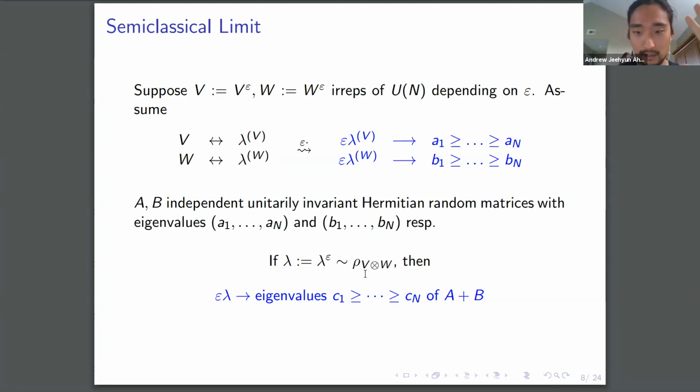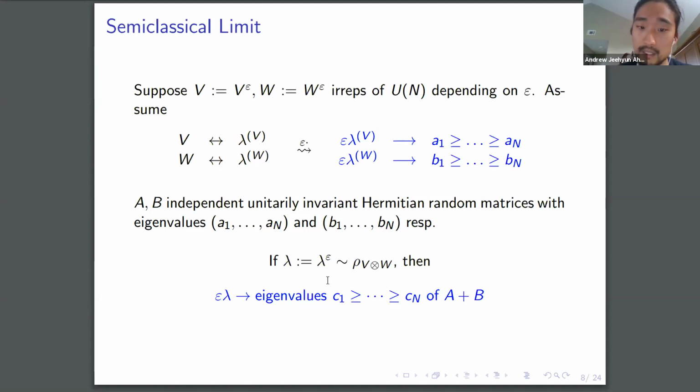So let me repeat that. That was a little quick, but if we assume that the signatures associated to V and W, as epsilon tends to 0, converge to these n-tuples a for the A's and b for the B's, then if we consider independent random matrices A and B which have these eigenvalues, we can identify the limit of this random variable.